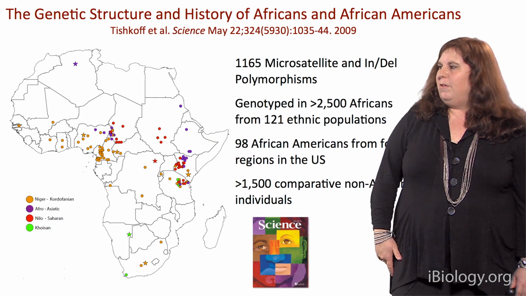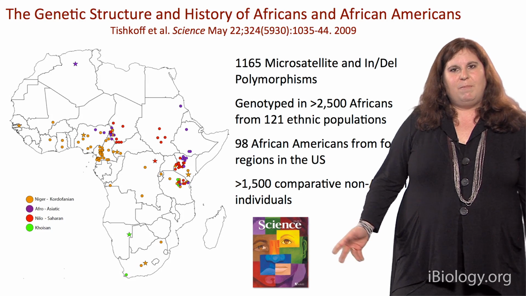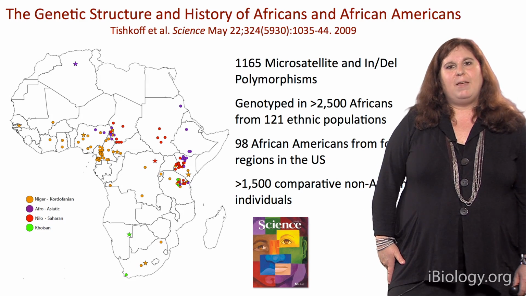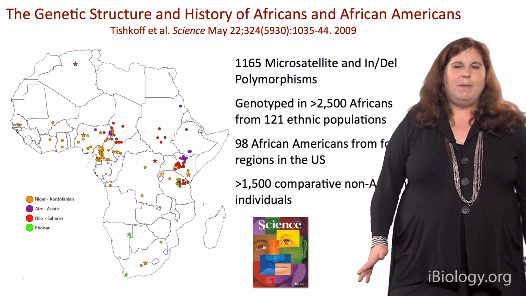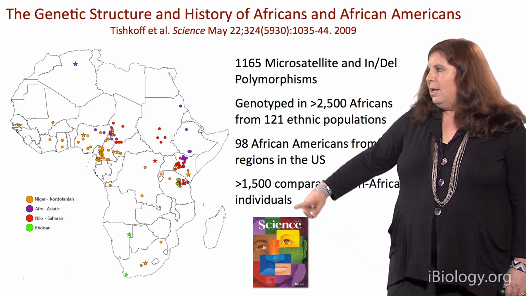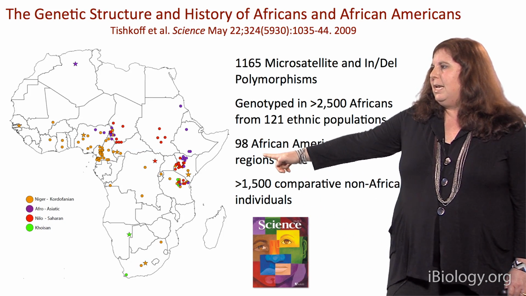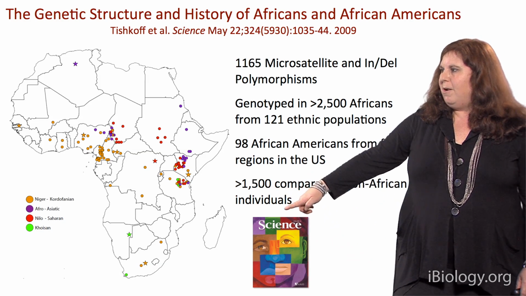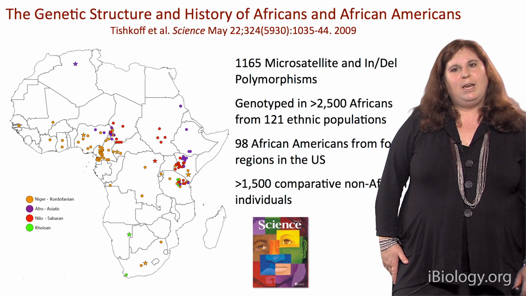But note that even though this was more than had ever been done before, it still represents just a fraction of the 2,000 ethnic groups in Africa. So we're still missing a lot of the variation. We then looked at 98 African Americans from 4 regions in the US and a comparative data set of about 1,500 non-Africans.